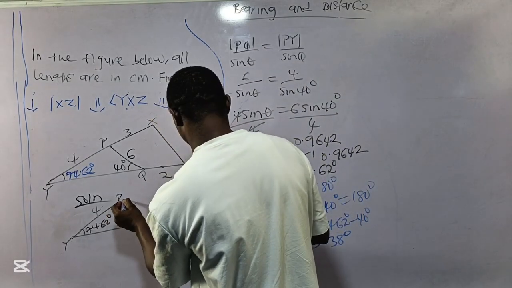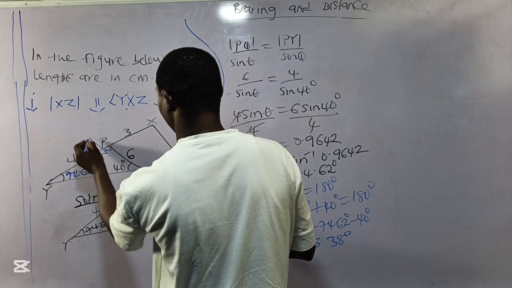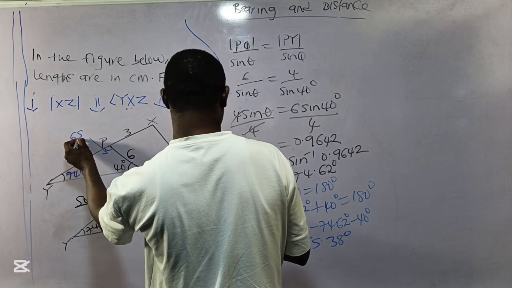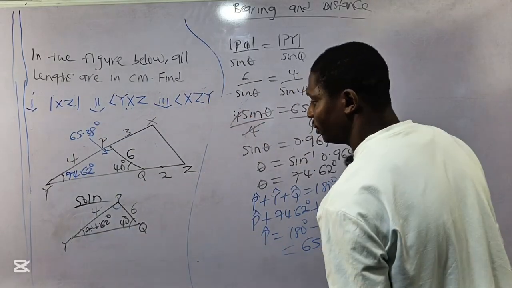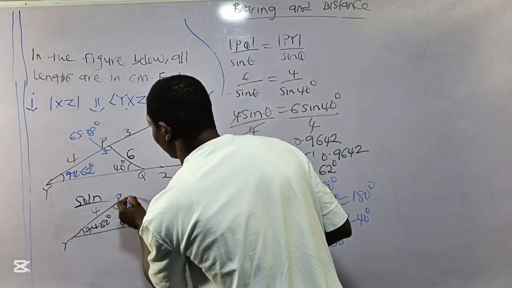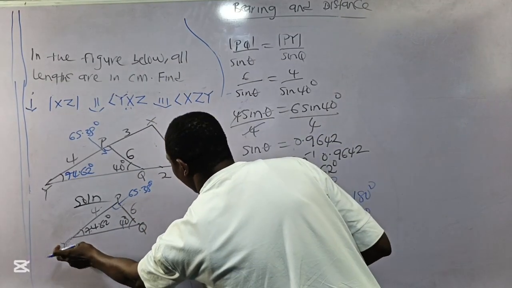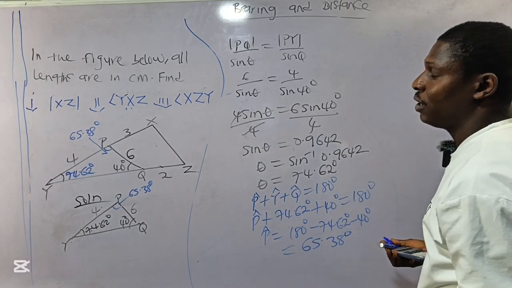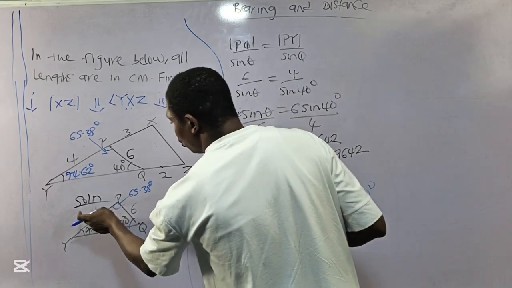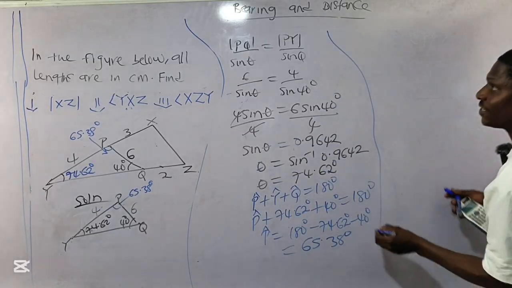So my angle P is 65.38 degrees. Now I can get my YQ using either cosine rule, since I know the two sides and the included angle, or I use my sine rule. So I'll quickly use my sine rule.